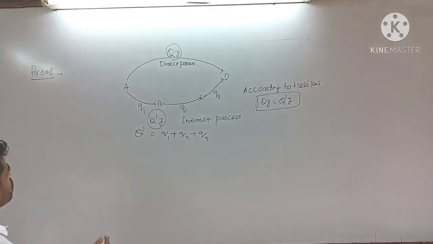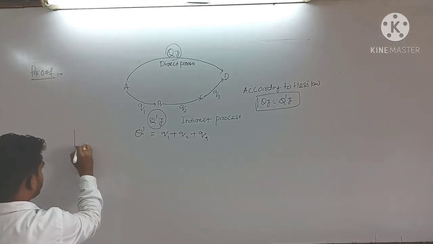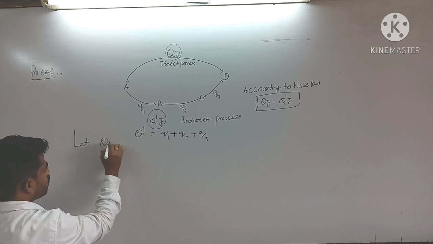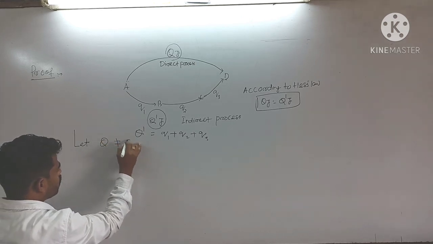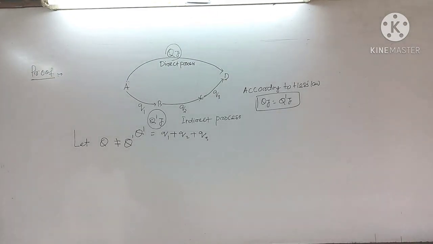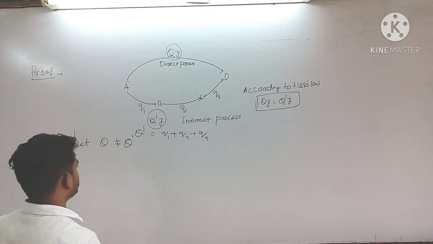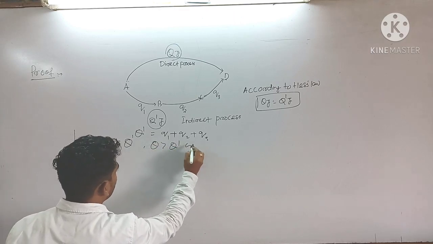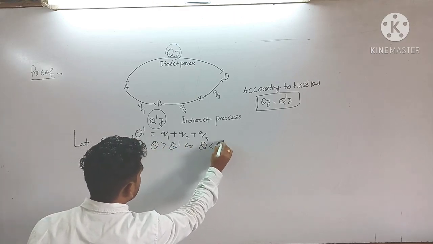Is that clear? So for proof, let Q is not equal to Q dash. Then my first consideration, I can consider either Q is greater than Q dash or Q is less than Q dash.